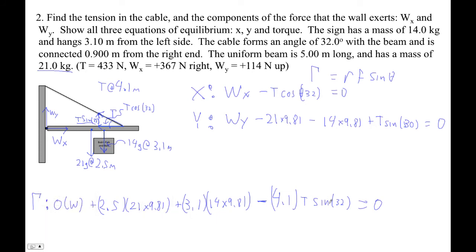Solving this, I'm going to do these terms, divided by 4.1, divided by sine of 32: 2.5 times 21 times 9.81 plus 3.1 times 14 times 9.81, divided by 4.1, divided by sine of 32.